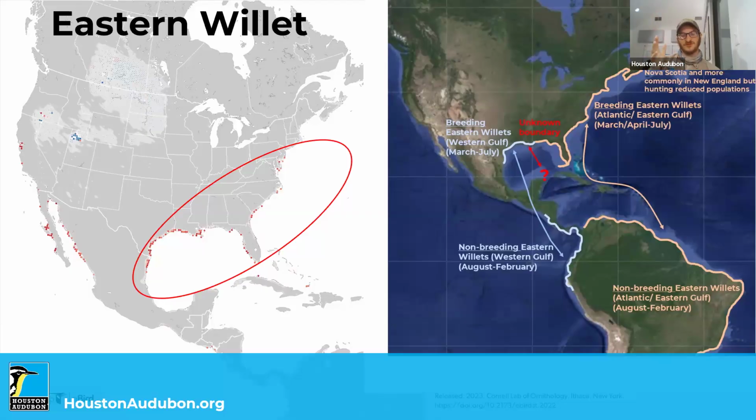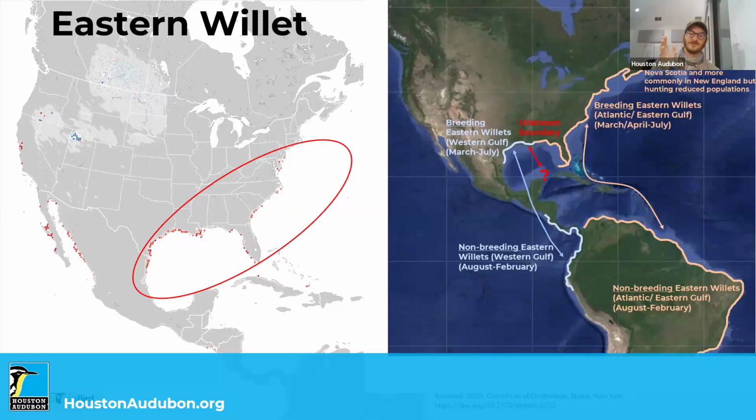So Eastern Willets on the Atlantic Coast and Eastern Gulf migrate to the Atlantic coast of South America. They're wintering primarily on the coast of Brazil.